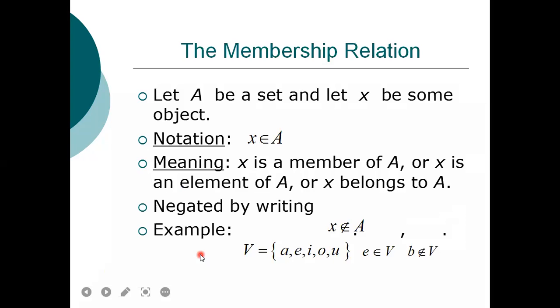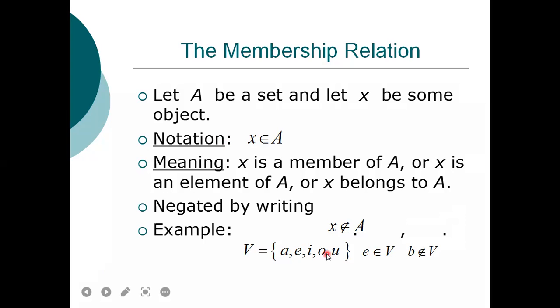Now the membership relation. Let A be a set and x some object. Using notation, we can say x belongs to A, or x is an element of A. This means x is a member of A, or x is an element of A, or x belongs to A. And we negate it by writing, for example, x doesn't belong to A. That means x is not an element of A, or x is not a member of A. For example, we can write B equals {A, E, I, O, U}.